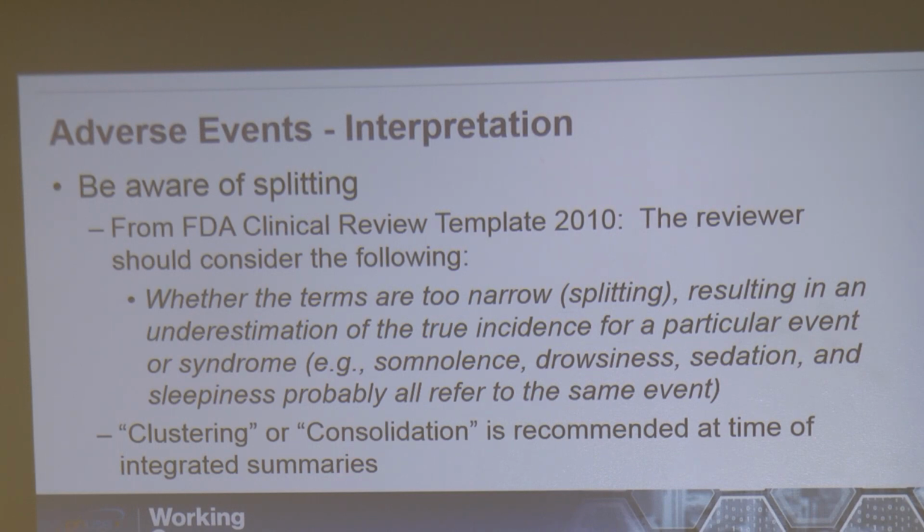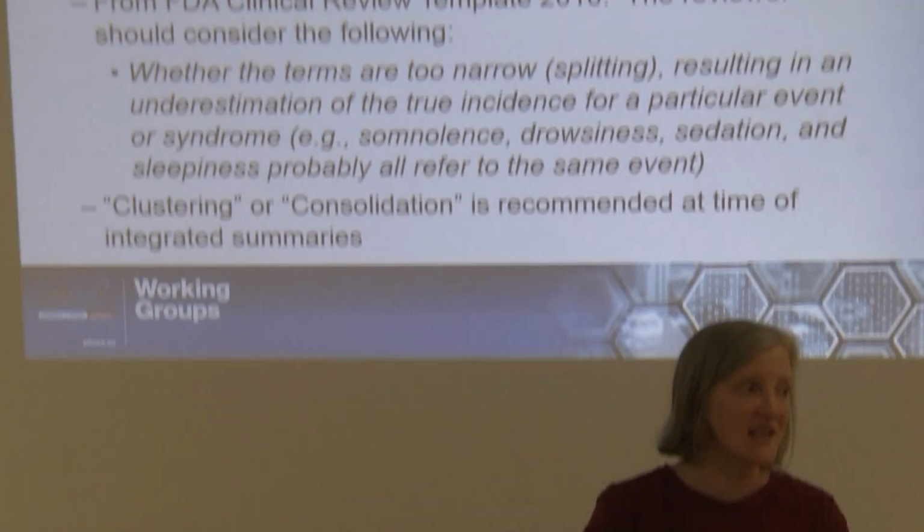It's a little bit of a time-consuming exercise for a medical person to say, well, I really think these are the same thing, they should be analyzed together. We don't necessarily recommend that for every single study report, but we do recommend that when you do an integrated summary. Right, we need that. As brutal as that exercise is to manually look through what events could be basically the same thing, we do need to look for those and maybe have another table or another analysis that has those events together, so we don't miss a signal.